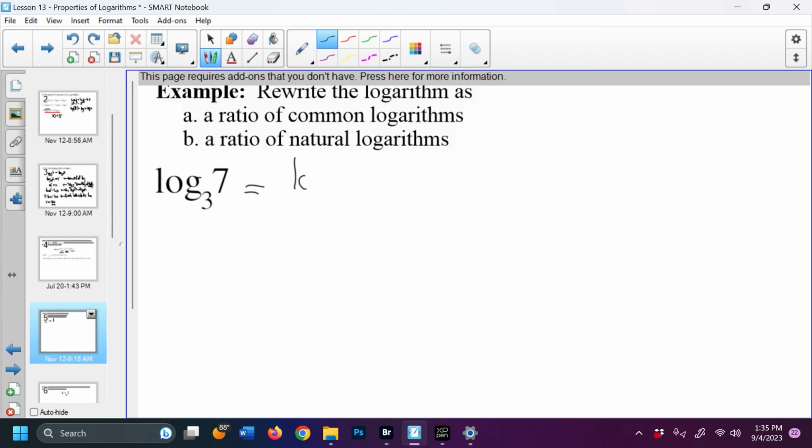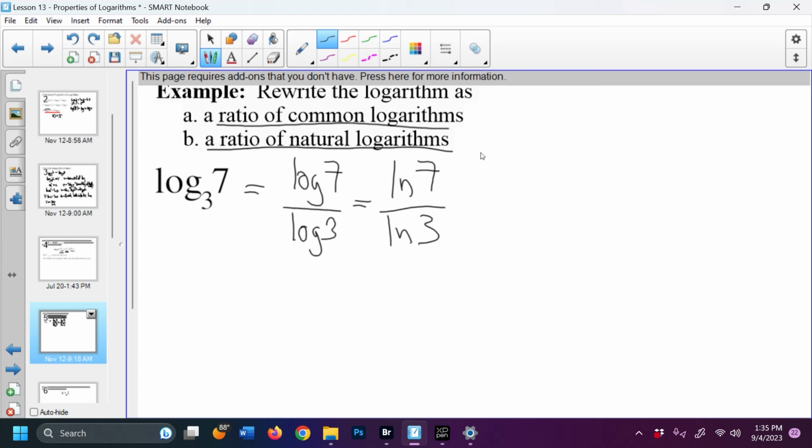This is the common logarithm of 7 divided by the common logarithm of 3. That is my ratio of common logarithms. And for natural logarithms, I'll go ln of 7 over the ln of 3. That is my ratio of natural logarithms. This is my final answer for that problem.